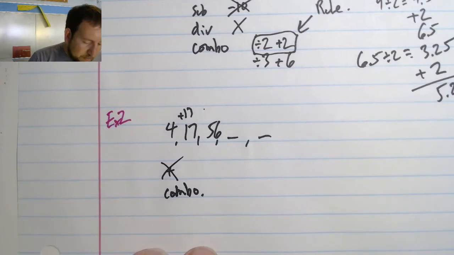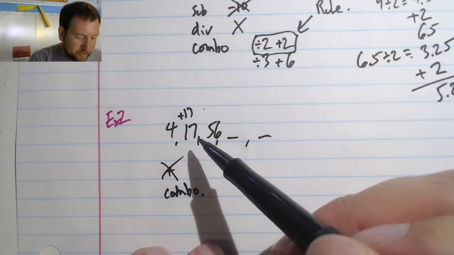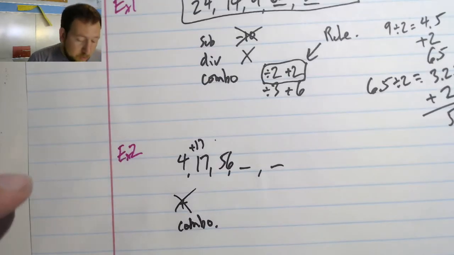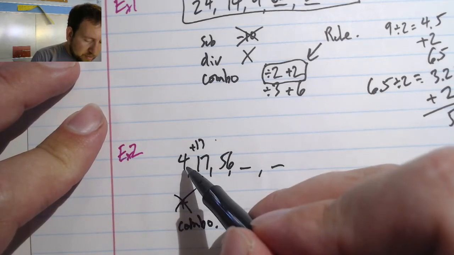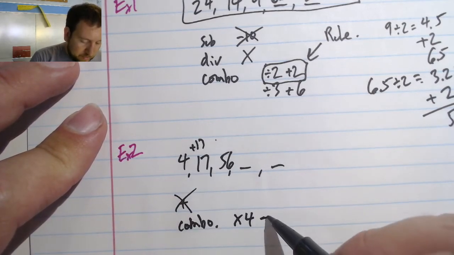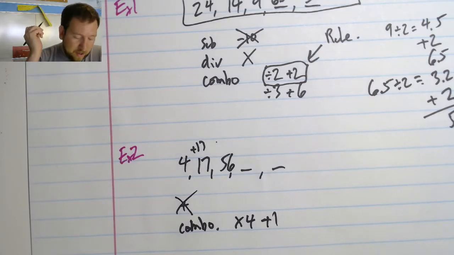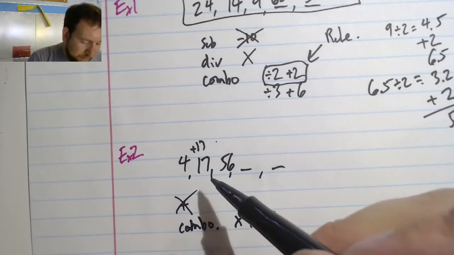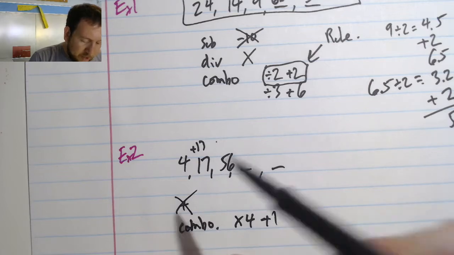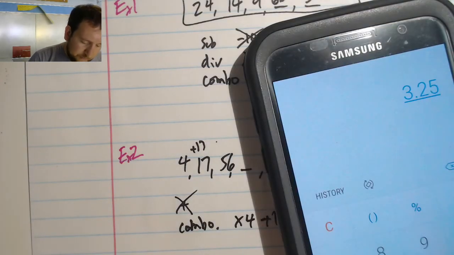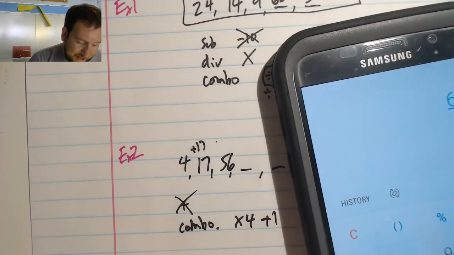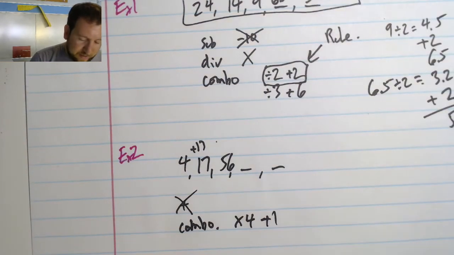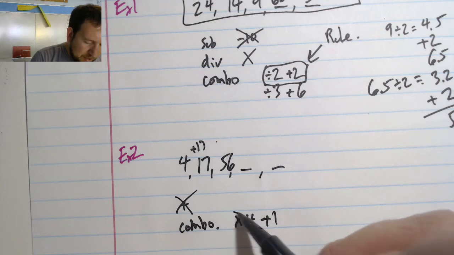Let's think of a couple combinations that I can use to get from 4 to 17. Well, like I said, it's almost times 4. So I could do a times 4, which gets me to 16 plus 1. That would work. I'm going to check and see on this one. 17 times 4. Now, I can't do that one in my head. I mean, I could, but I don't know if I have the patience. 68 plus 1 is 69, so that's definitely not it, unfortunately.